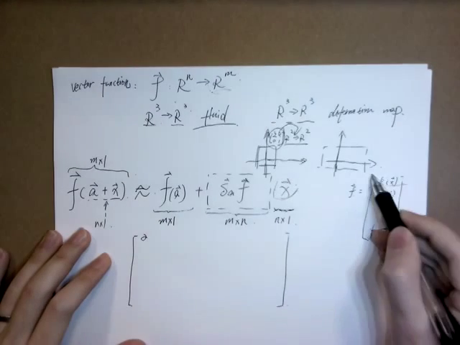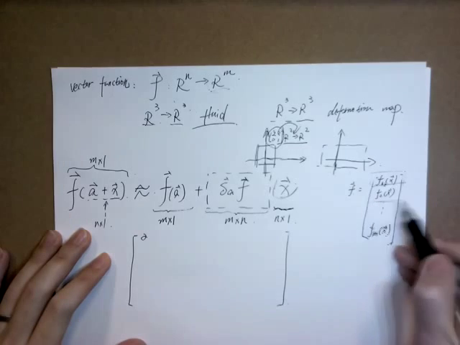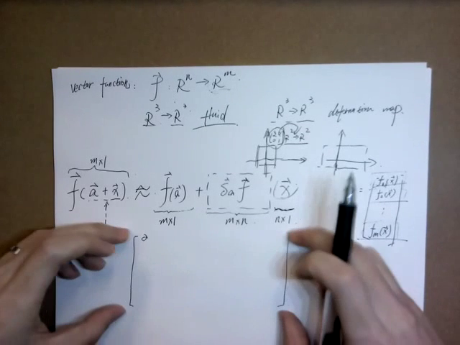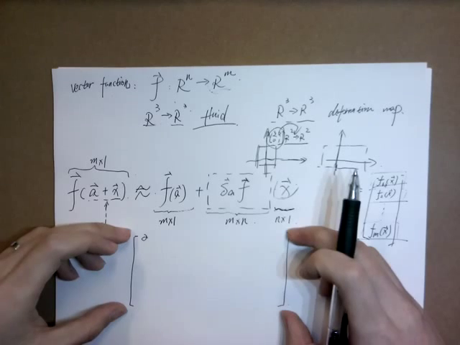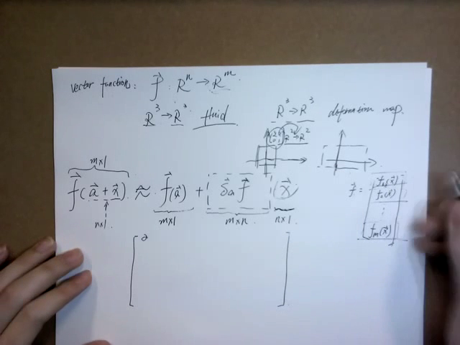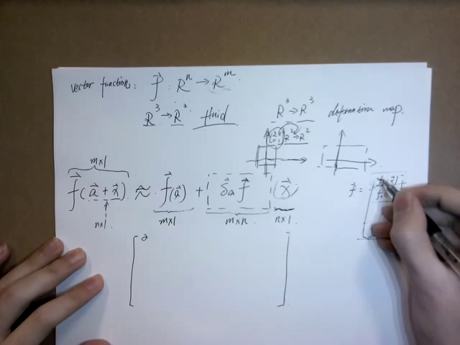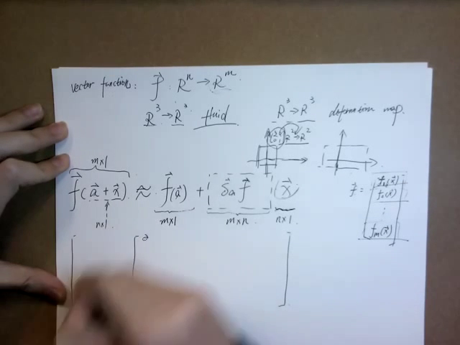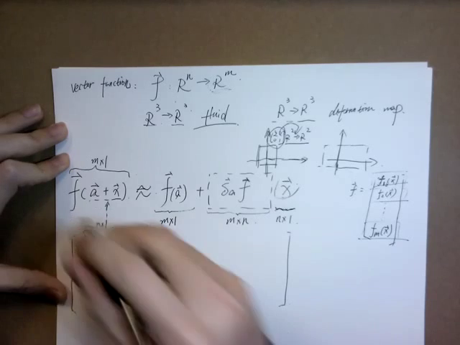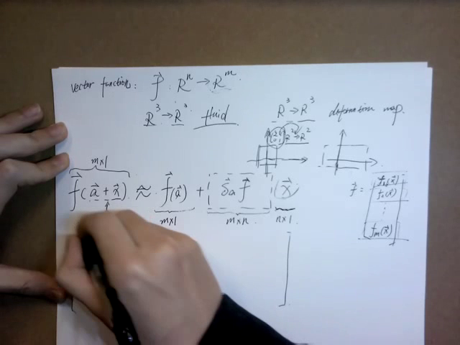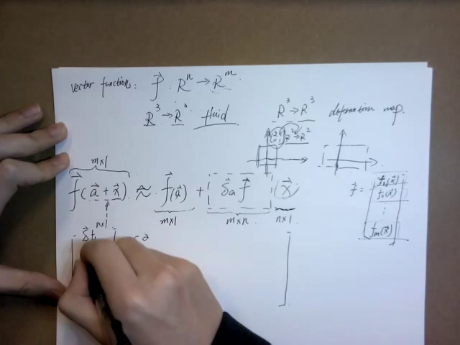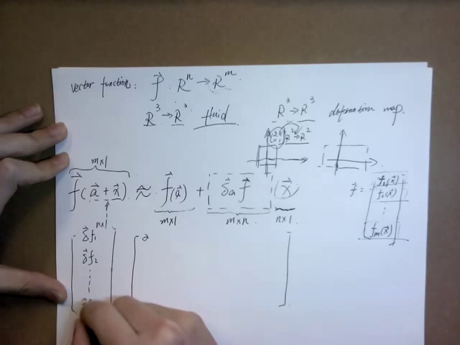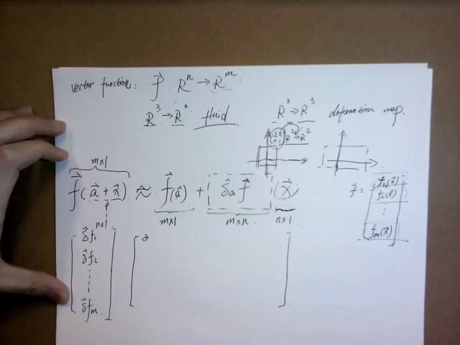I can get the total derivative of those functions one by one, and finally it will expand to this matrix. So what's the total derivative of f1(x)? I'm going to write it again. It's the total derivative of f1. This is the total derivative of f2, and so on, to the total derivative of fm.